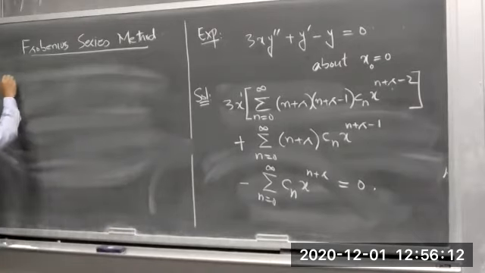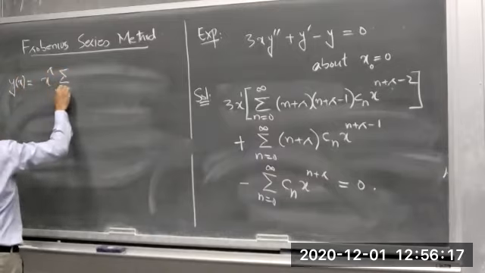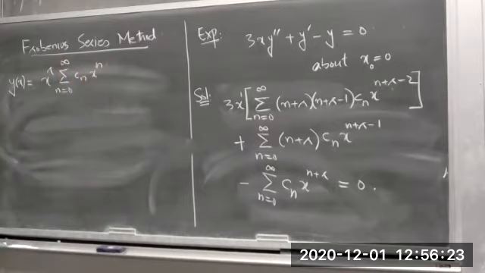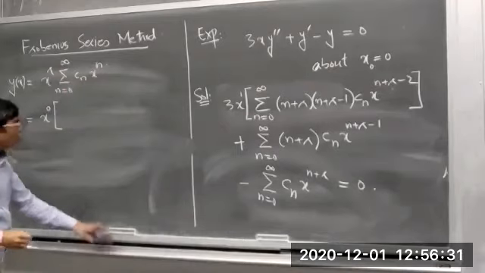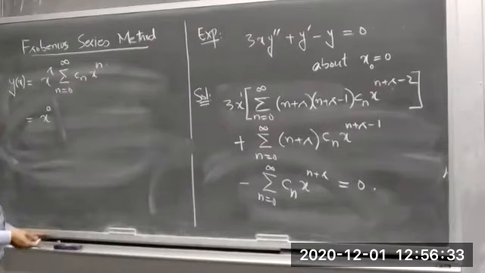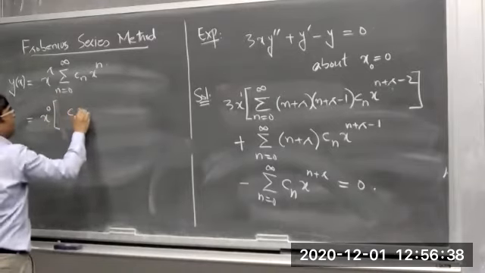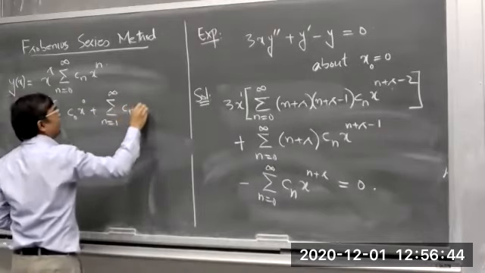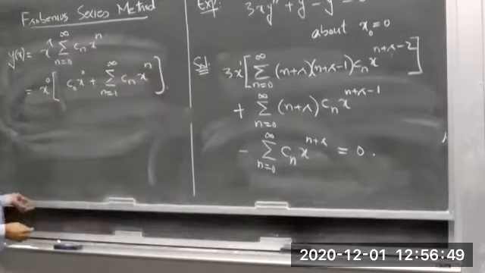The power series is y of x, the solution series: x power r, summation n from 0 to infinity Cn x power n. Now what is x power r? x power 0. Separate out the first coefficient, C naught. Write this as C naught x power 0 plus summation n from 1 to infinity Cn x power n, because we have assumed that C naught is non-zero.